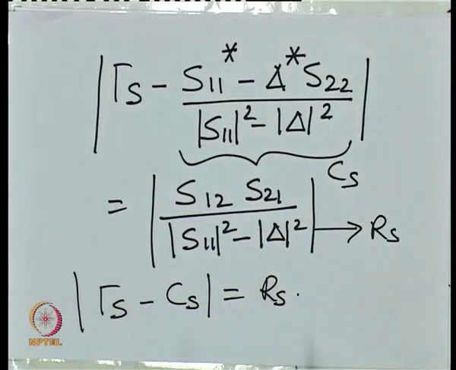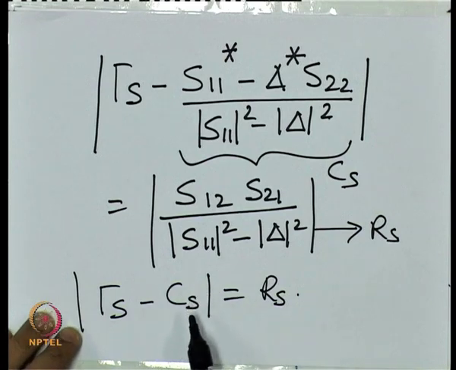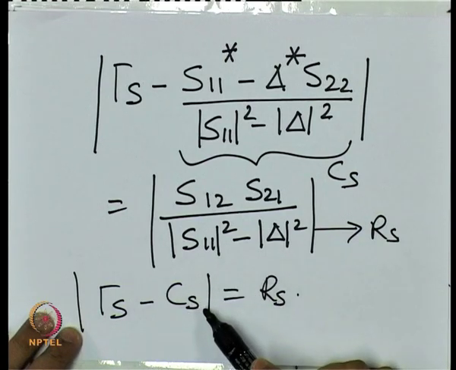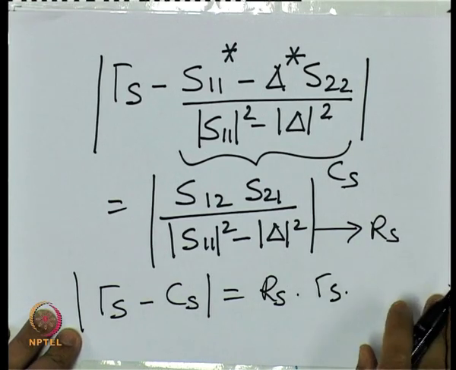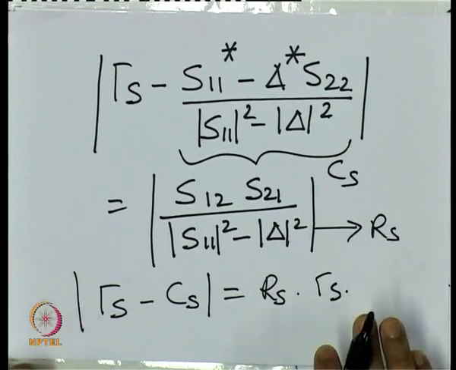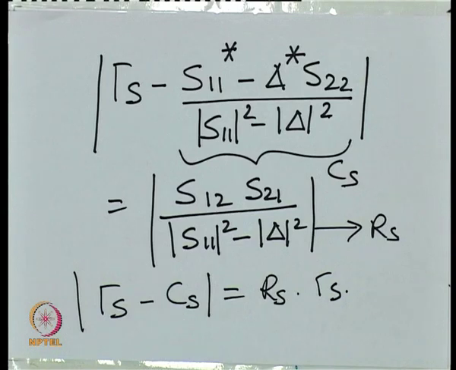And recall this is called the input stability circle because the locus of this circle is dependent on gamma S, which is the impedance connected to the input of the amplifier.